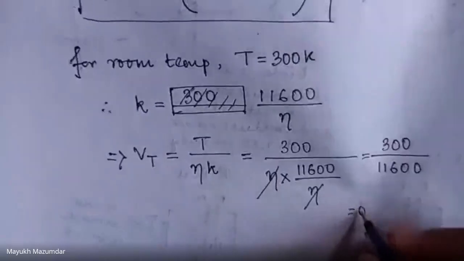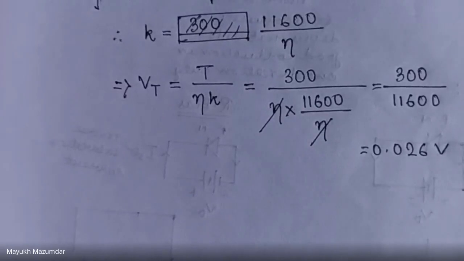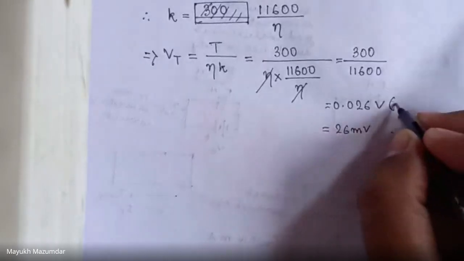Tell me what the value is. 0.026. I rounded it off. Okay, no problem. How much will this be in millivolt? 26 point something. Yeah, it's an approximate value.